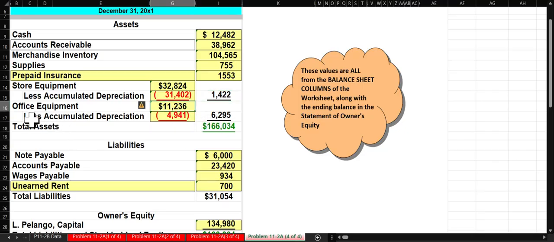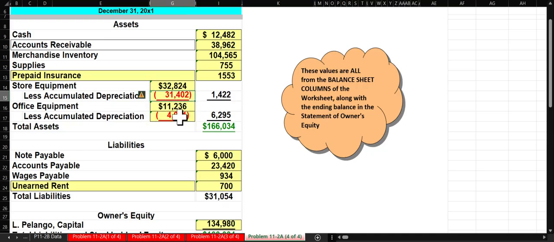We take the office equipment, subtract the accumulated depreciation. Notice I'm not subtracting just the depreciation expense for the current period. Go to the balance sheet columns of the worksheet and you will see accumulated depreciation because that's your balance sheet account.